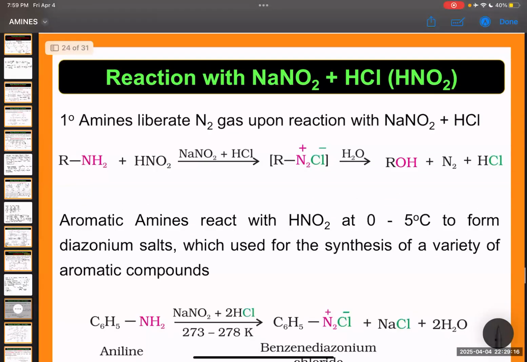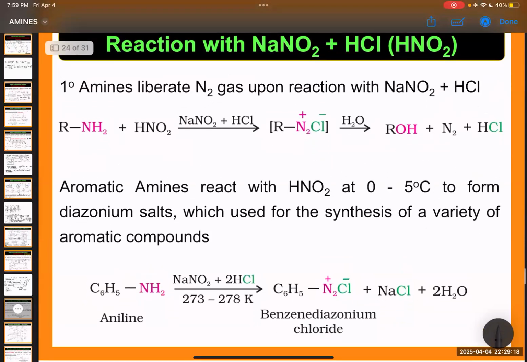Okay. Next reaction is NaNO2 plus HCl. This also is a very important reaction, NaNO2 plus HCl or HNO2, because NaNO2 plus HCl react and give you HNO2, nitrous acid. So the reaction with nitrous acid can be used to detect amines.